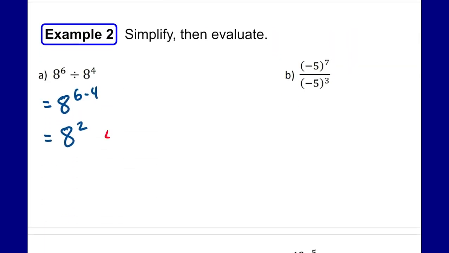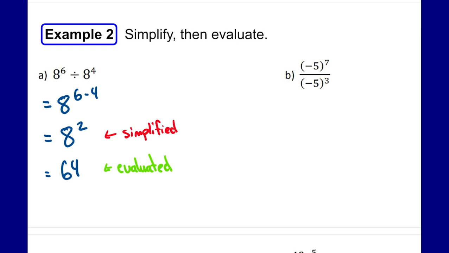So I had red. So again, this is simplified. Then evaluated would be, okay, what is 8 to the power of 2? In this case, 8 times 8 is 64. So this is the evaluated form.